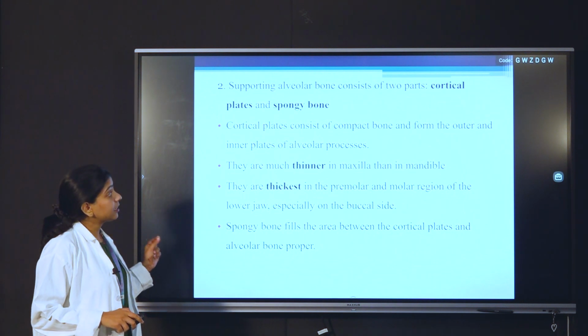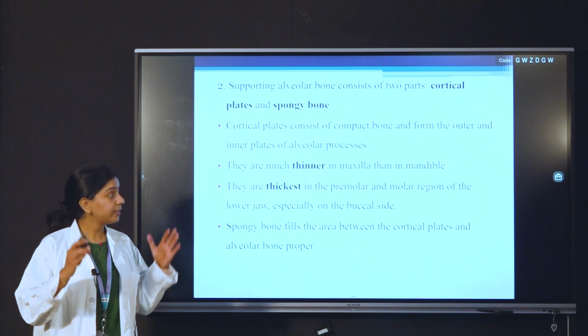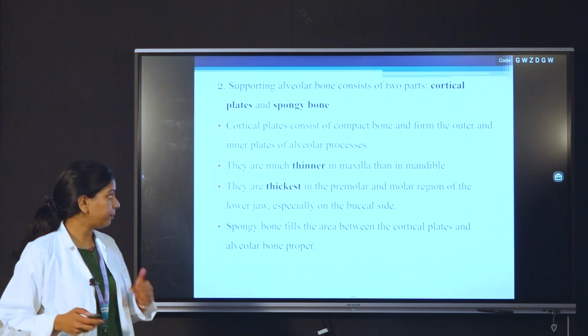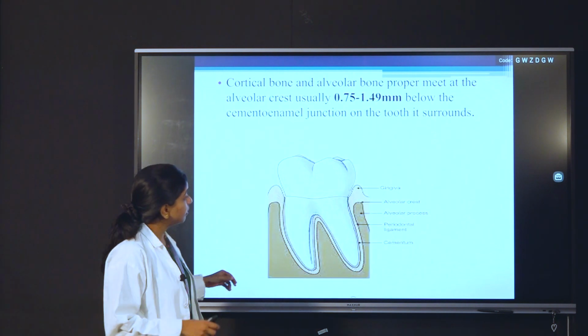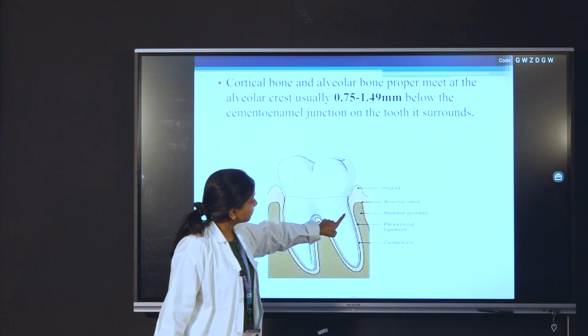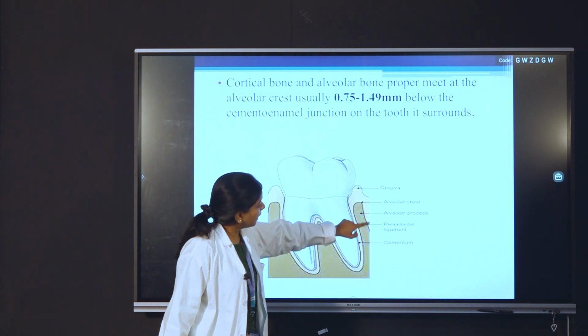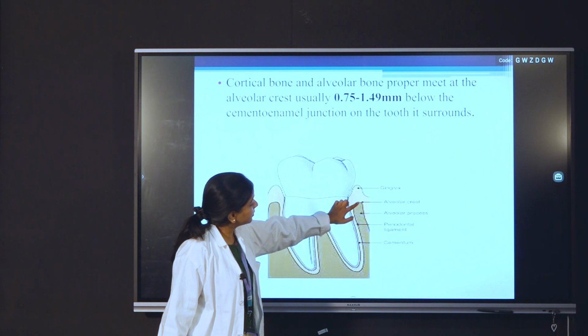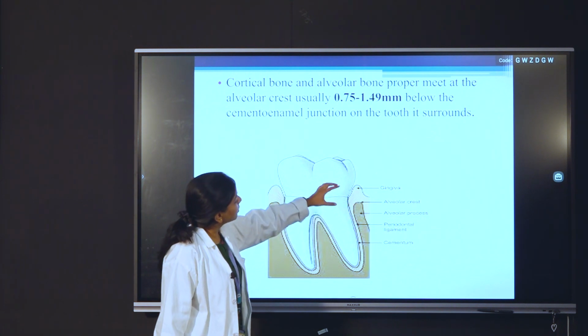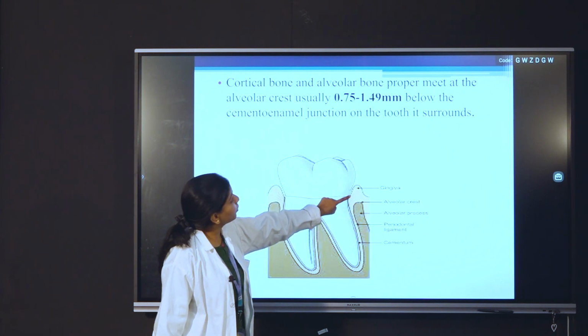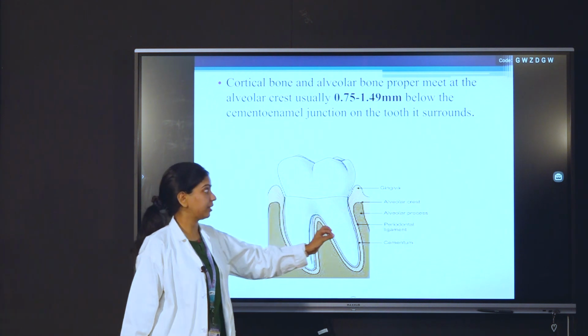The cortical plates consist of compact bone and form the outer and inner plates of the alveolar process. So when you see here, the inner layer, that is the alveolar bone proper, and the supporting alveolar bone, that is the cortical plate, they meet at 0.75 to 1.49 mm below the cemento-enamel junction.